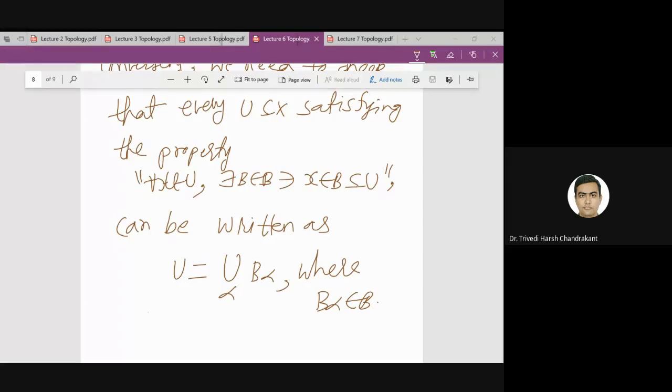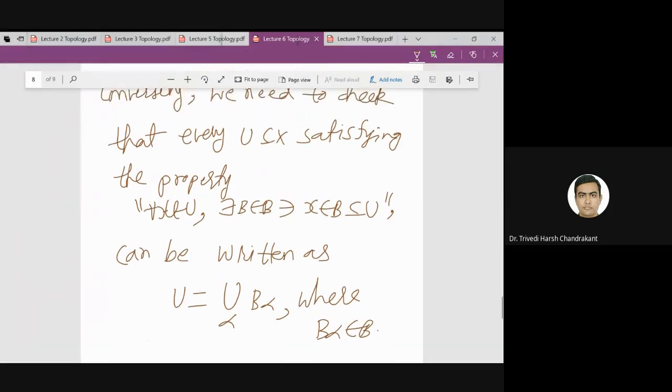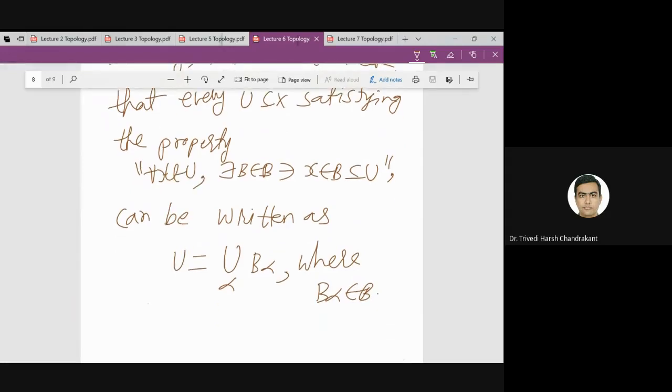Yes, so what is the question? Any questions so far? Okay, so let me continue. So every open set in this topology tau B, we want to express as a union of basis elements.